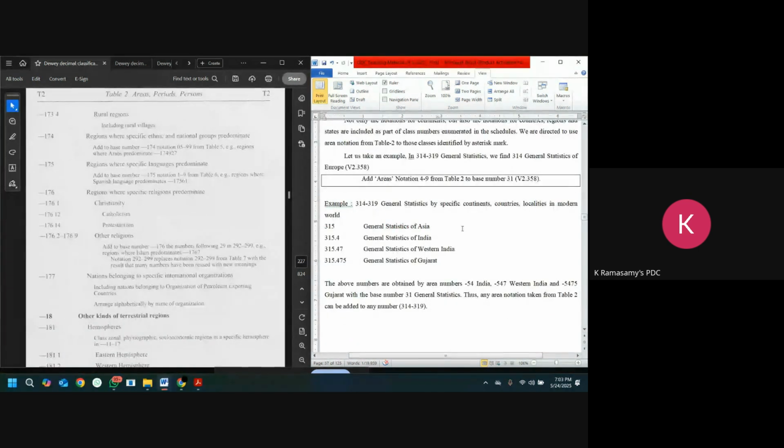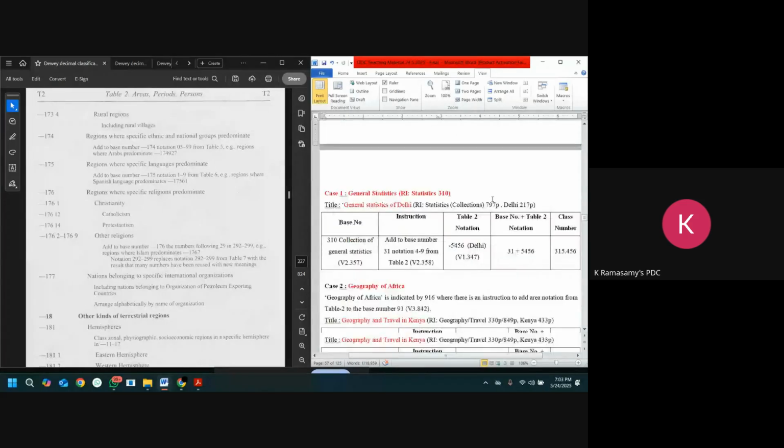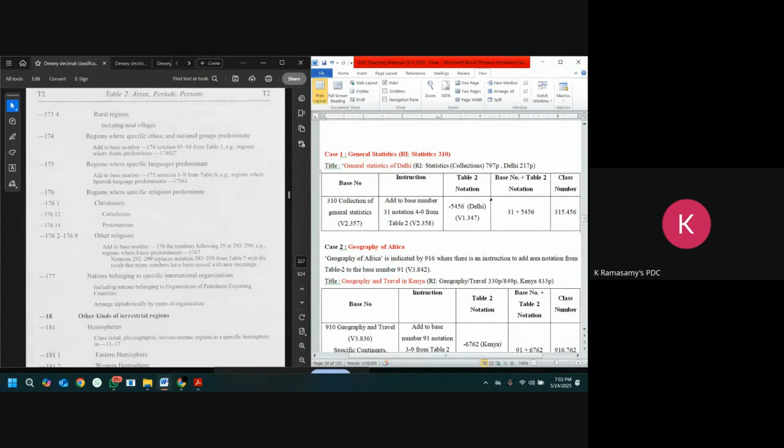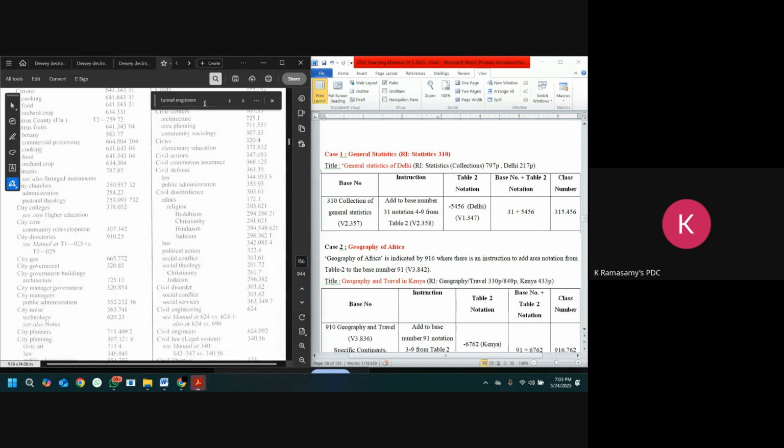Let me give an example. There's a book like this. You receive a book in the library. The name of the book is General Statistics of Delhi. I don't know what is the number for Delhi, and I don't know what is the number for statistics. So I go to volume 4. In volume 4, I look for the number for statistics.